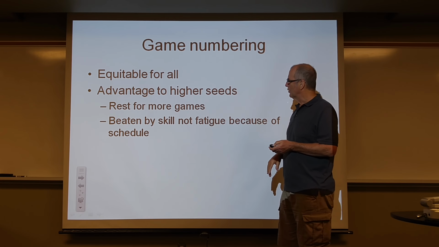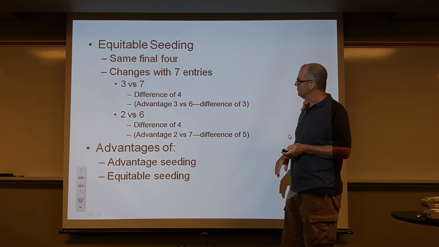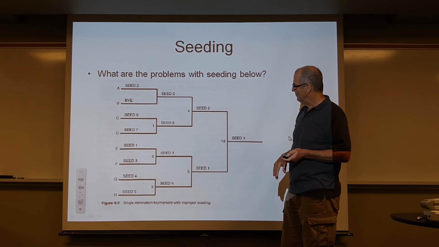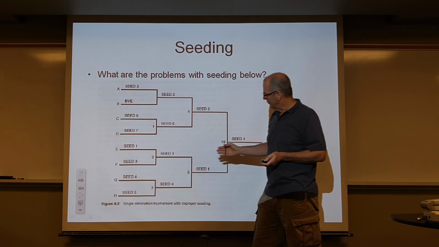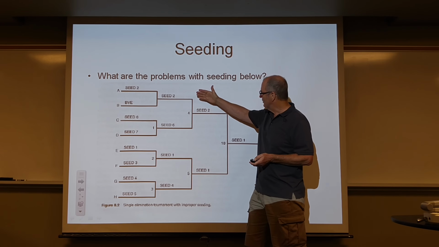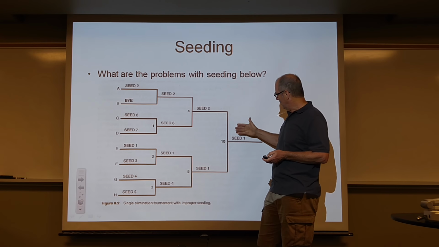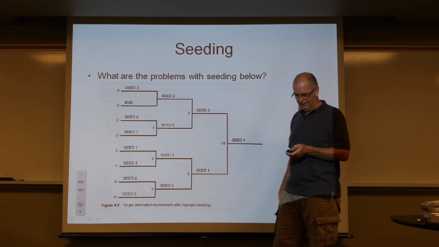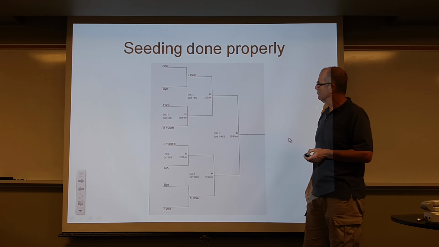So again, if we were to go back to an earlier schedule where it was done improperly, like here, for example, seed 1 plays seed 2, easy game, and then plays again. So seed 1 is going to be just much more fatigued by the time they get to that particular stage.